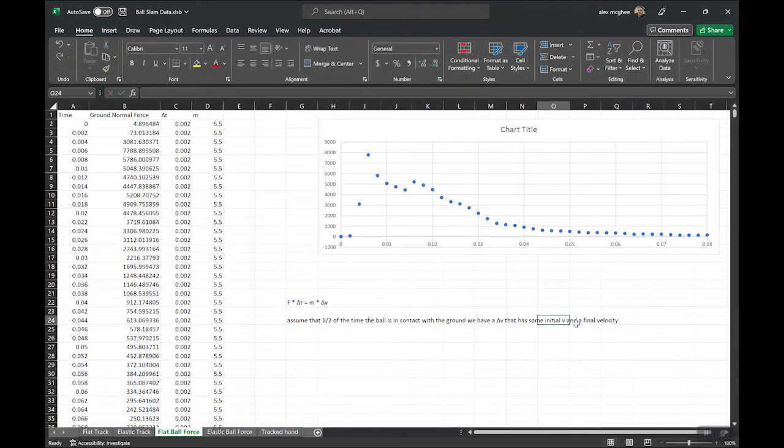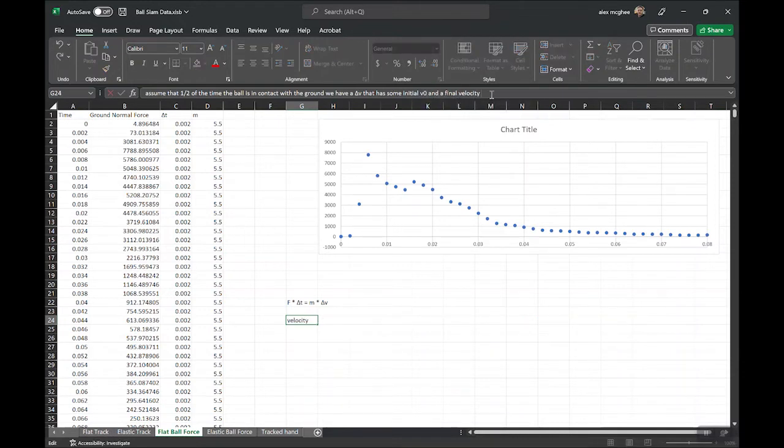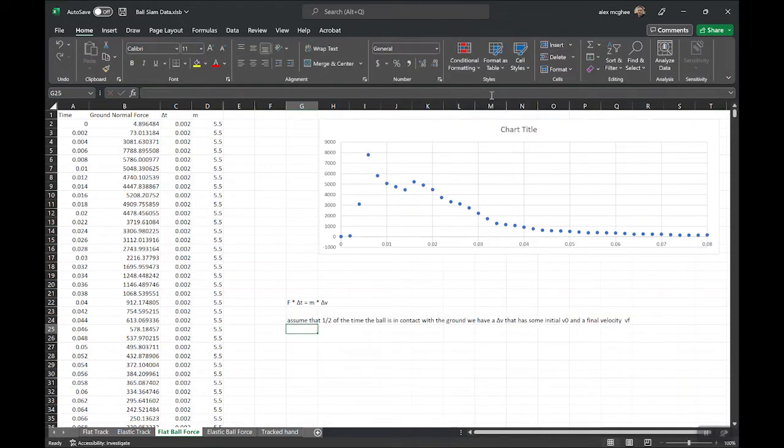We'll call this initial velocity v0 and final velocity vf, right?